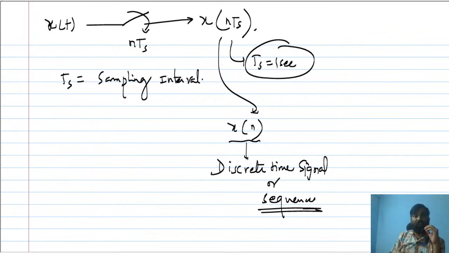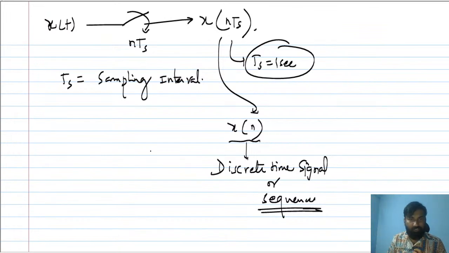Mathematically, how we will do it, you will see in future. Once we discuss some kind of signal like the impulse signal, we will multiply the continuous time signal with the train of impulses. It will give you a discrete time signal. So those things we will discuss as we go ahead. This is just a brief idea I'm telling.